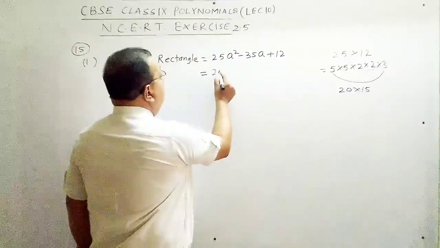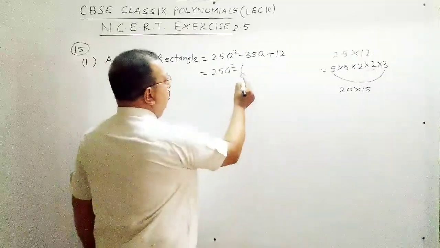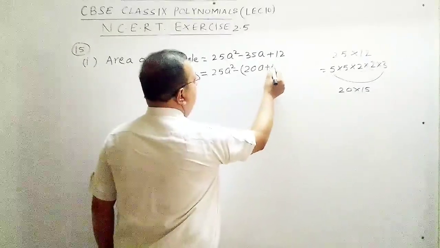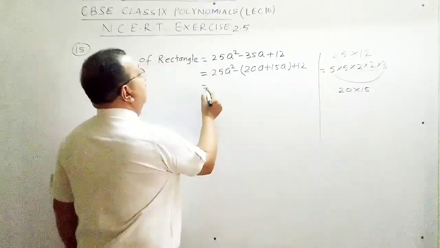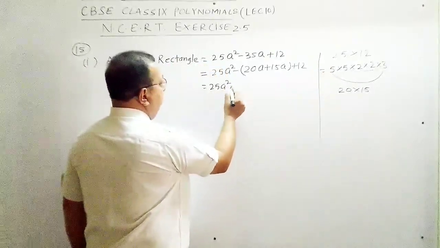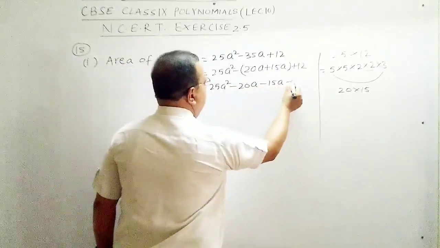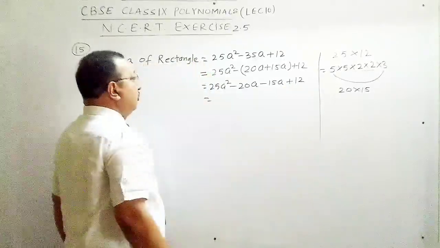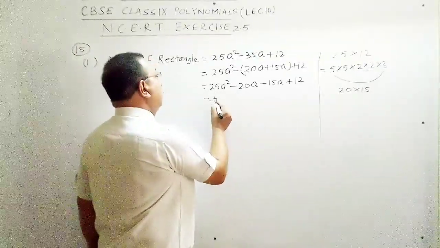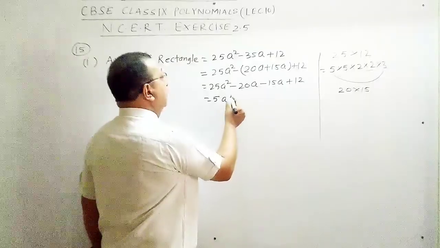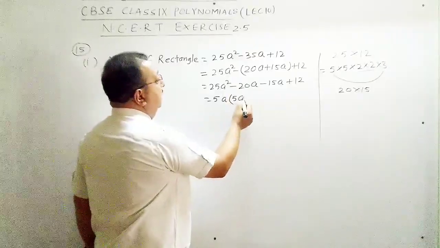So 25a square minus 35a plus 12 can be written as 25a square minus 20a minus 15a plus 12. Now break the bracket. From the first two terms, see what is common? From 25 and 25, 5 is common. From a square and a, a is common. 5 5s are 25, a is left.